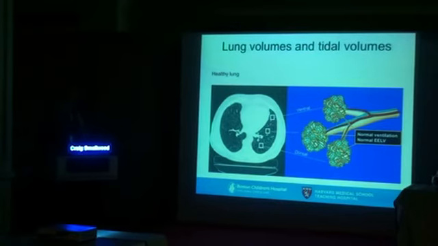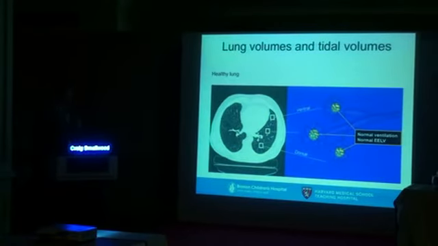So, lung volumes. This is a CT image over here, and we can see a ventral, mid-ventral and a dorsal portion of the lung, and then these three alveoli are representative of the end-expiratory lung volume during ventilation in that subject. What happens in a healthy lung is we have a homogeneous expansion of those alveoli, and that's basically what we'd like to see.